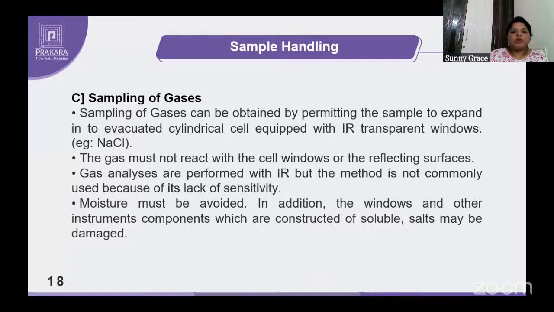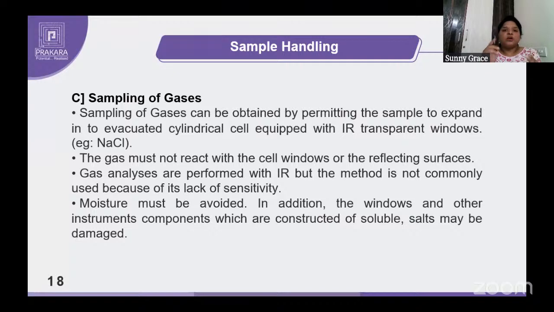In the sampling of gases, you have an evacuated cylindrical cell which has IR transparent windows. The gas sample has an inner metal lining, and the IR transparent windows are again made of KBr or NaCl plates.